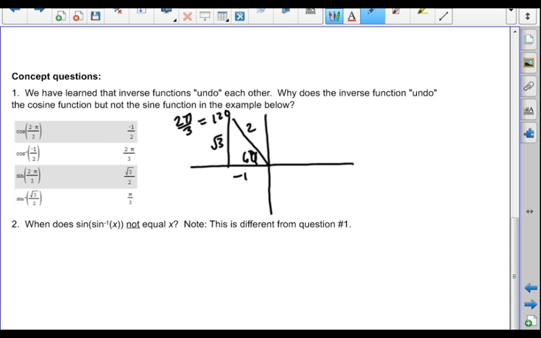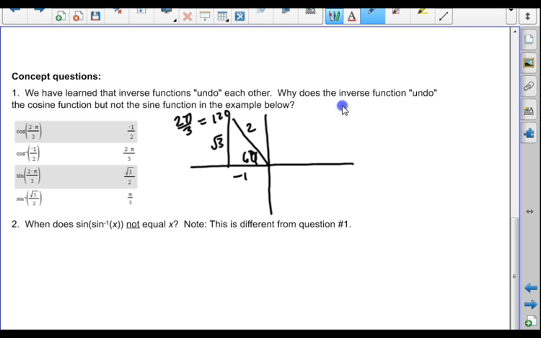So you can see the cosine of this angle is negative 1/2. When I do inverse cosine of negative 1/2, it gives me an angle that's in either quadrant 1 or 2. And since it's negative, I get a quadrant 2 angle back. Okay, so I get an angle back between 0 and 180, or 0 and pi.